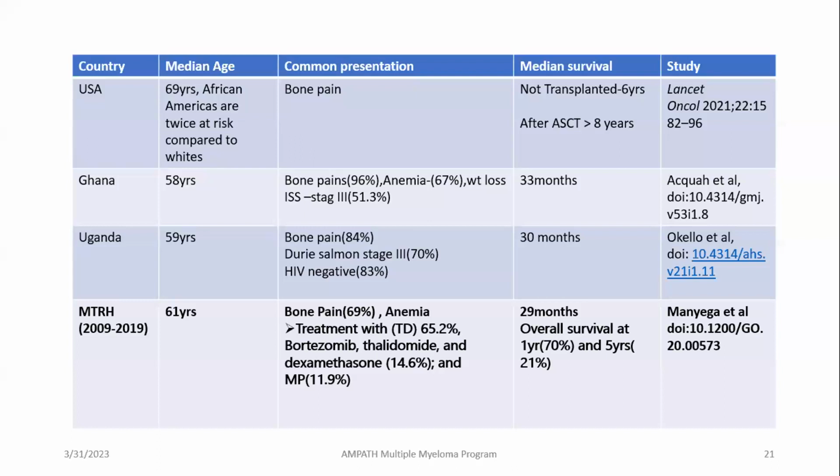The median survival is about 8 years in the US, and we are talking about months, 33 months, which is just a little over 2 years, in Uganda, in Kenya, and in Ghana.